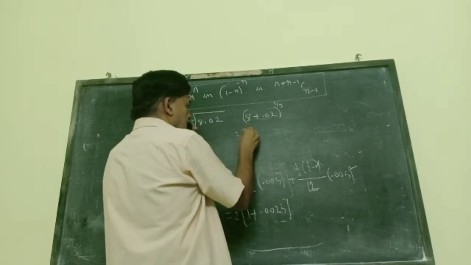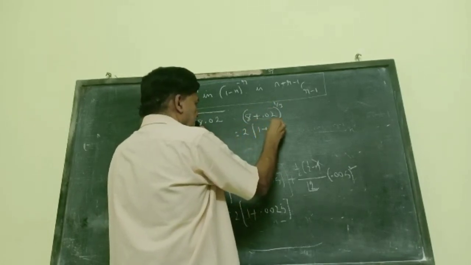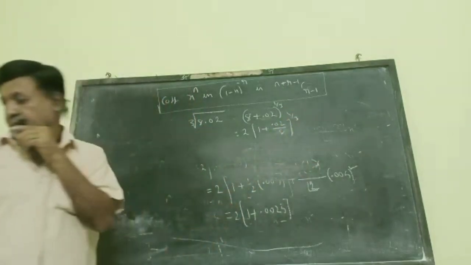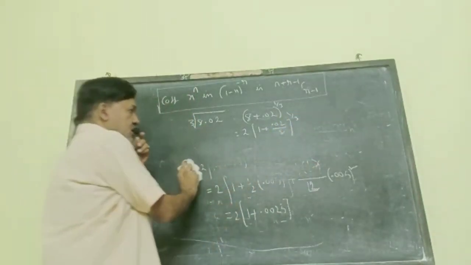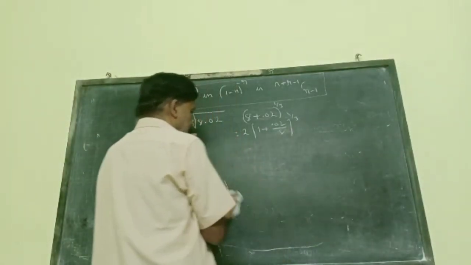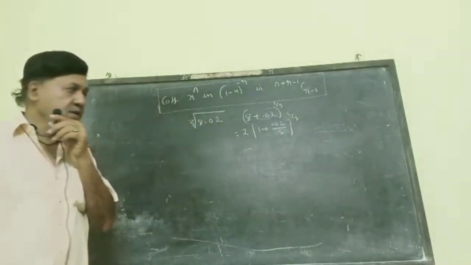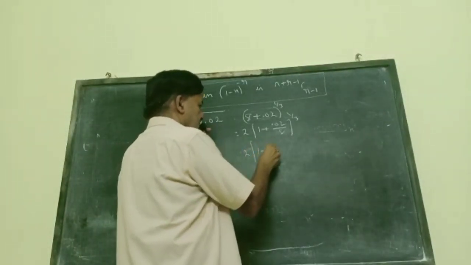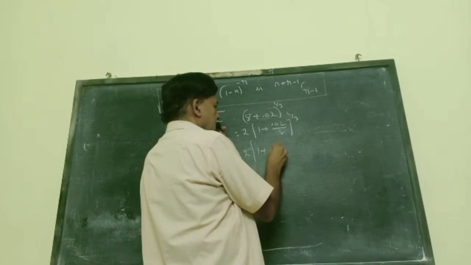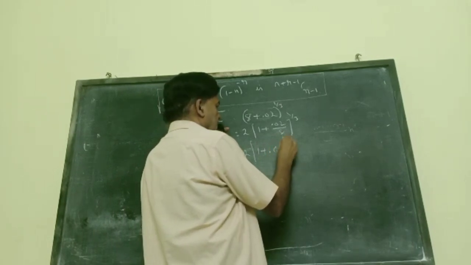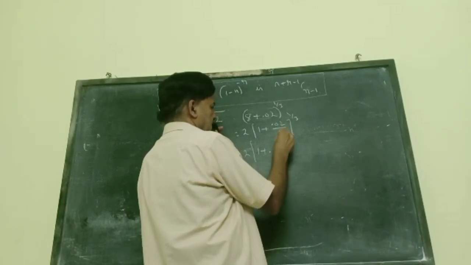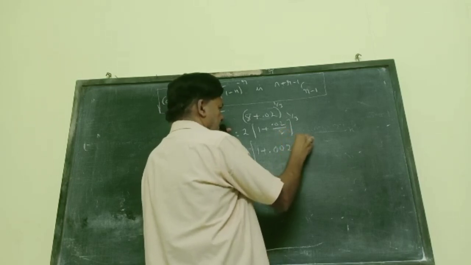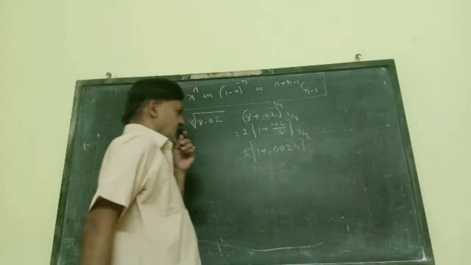You take out 8 common. 8(1 + 0.02/8)^(1/3). So this is 2 into (1 + 0.0025)^(1/3). Right.